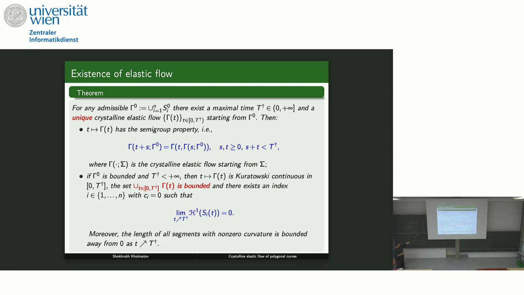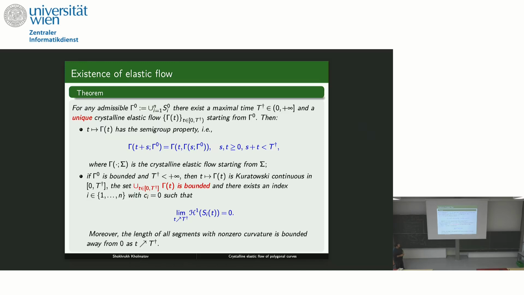And also, supposing that the initial curve is bounded, and supposing that I have a singularity at the maximal time, then the flow is Kuratowski continuous, and it always remains bounded. It never escapes to infinity. And also there is an index with this property. The length goes to 0.